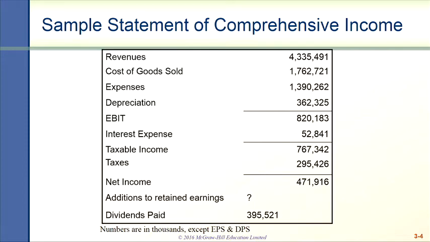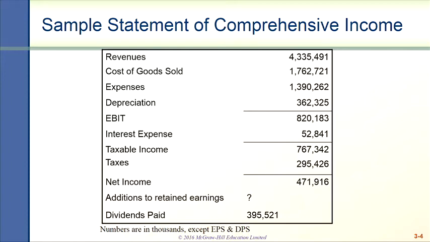And then from that, we subtract the interest expense, in this case 52,841, and that gave us the taxable income, which is 768,342. And then applying the corporation tax rate, that gives us the tax of 205,426.